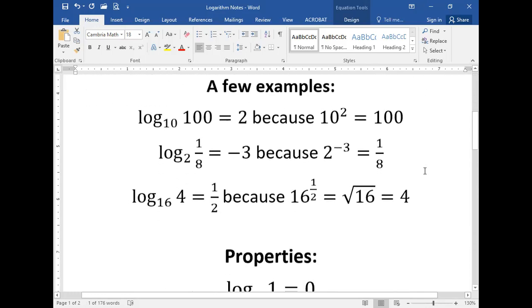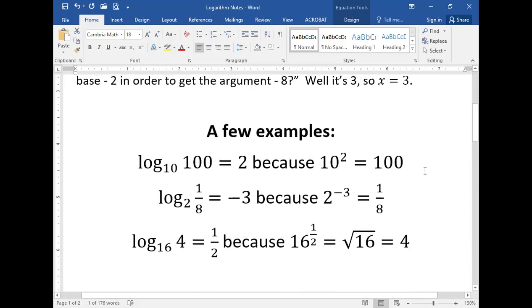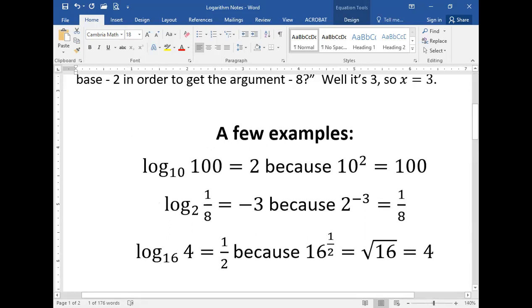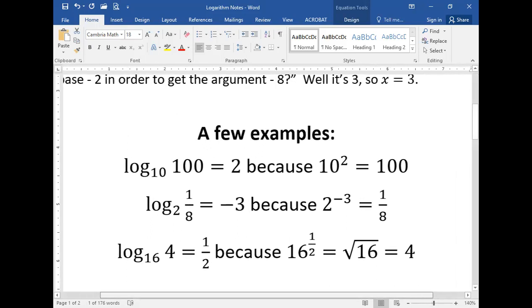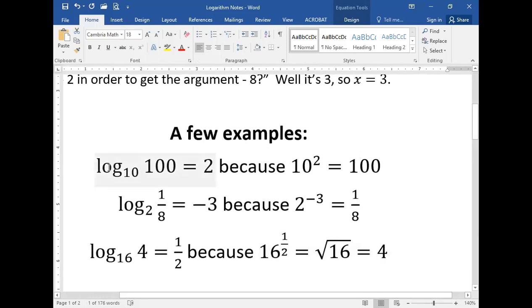Okay, so here are a few examples. So let's just peek at these for a second. So the reason log base 10 of 100 is equal to 2, because remember, log is the exponent. Let's try that one more time.